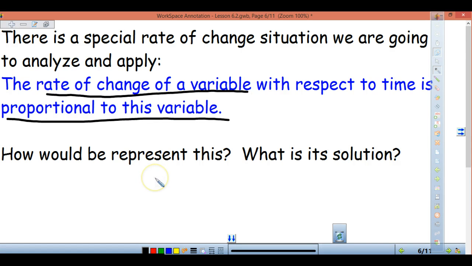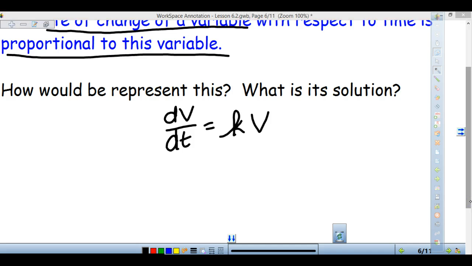So the rate of change of this variable with respect to time. Remember, rate of change is a derivative. So the rate of change of some variable v with respect to time, so dv dt, is proportional to this variable. That would mean that it's equal to some product with a constant. I'm using k as a constant.